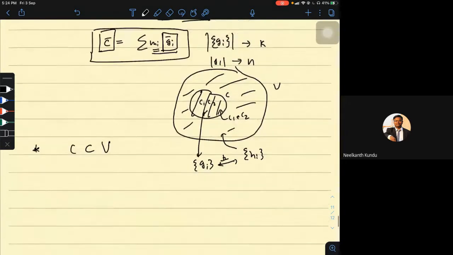Since they're orthogonal, the inner product of a code vector with a vector of this dual space will basically be 0.